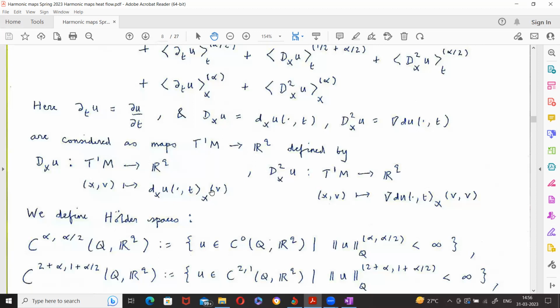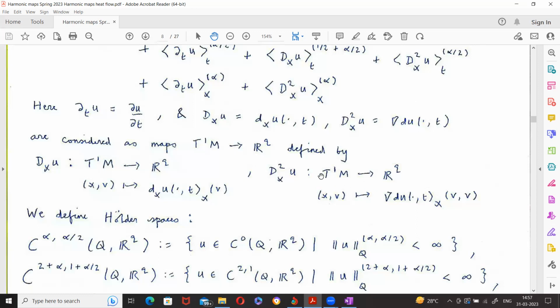Is this clear? Yes, sir. And what is the second derivative? D squared x u. So the second derivative is given by the second fundamental form in the x variable, nabla du. Now, nabla du is a symmetric bilinear form taking values in R^q. So it is determined by its values along the diagonal, right? And the values along the diagonal, again by homogeneity, are determined by the restriction to the unit tangent bundle, right?